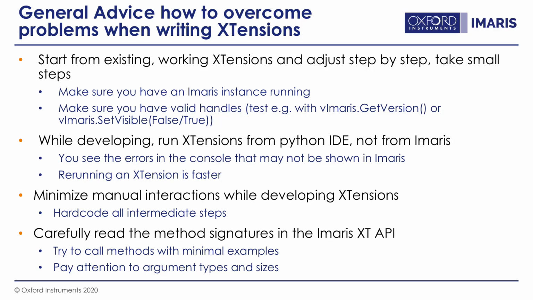If you start an extension and you have some variable, for example the v_imaris variable, you can use a simple method like getVersion or setVisible to see if your variable is actually valid or not. Sometimes you get back an invalid variable. For example, if you don't have an Imaris instance loaded, then calling getVersion will tell you that it cannot call this method.